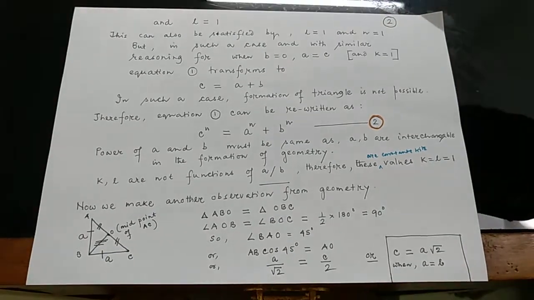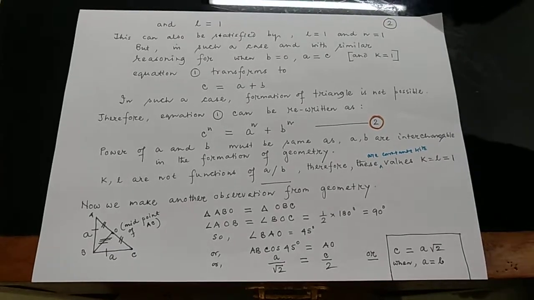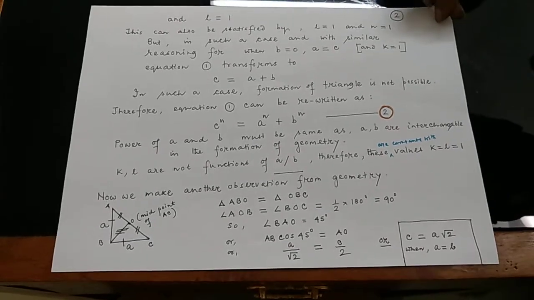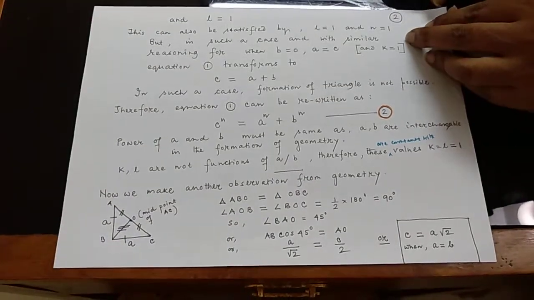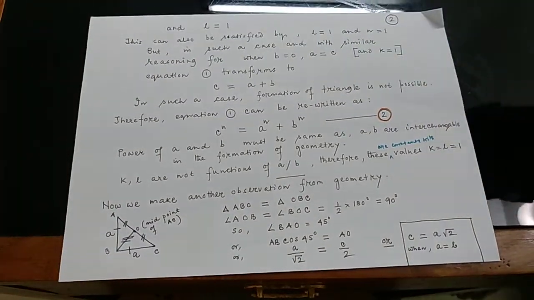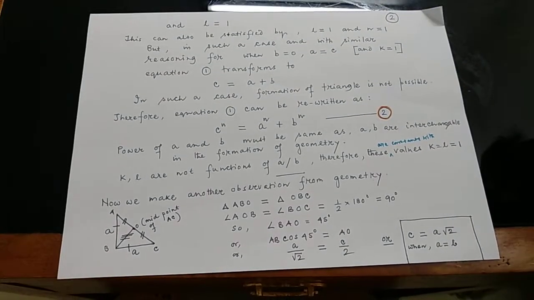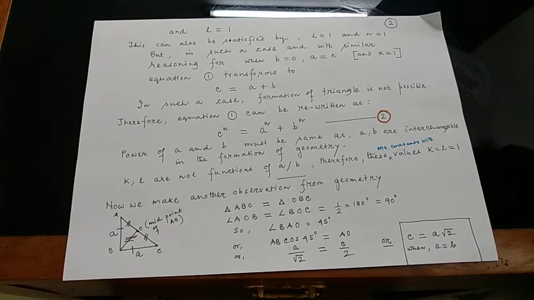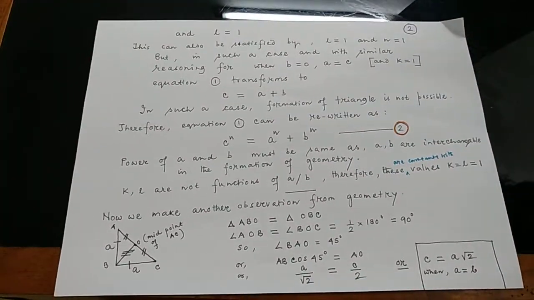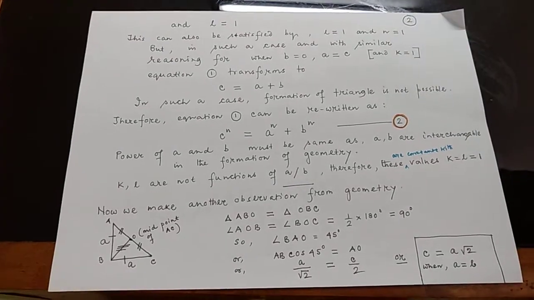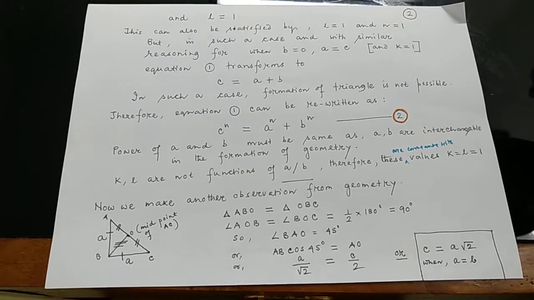So c to the power n equal to a to the power n plus b to the power n, the power of c as n, it again comes back from the previous equation number 1, where the basic equation was framed like that.